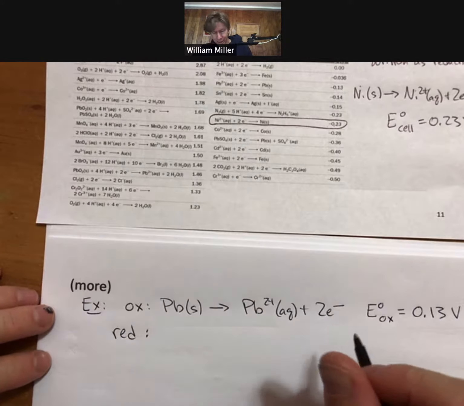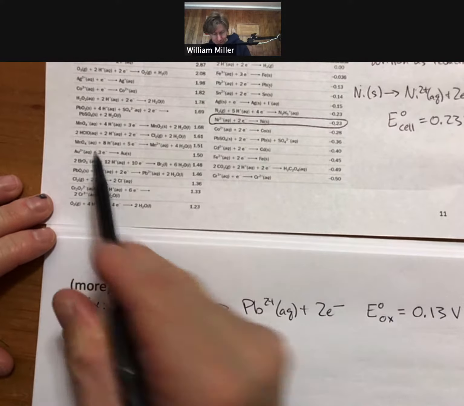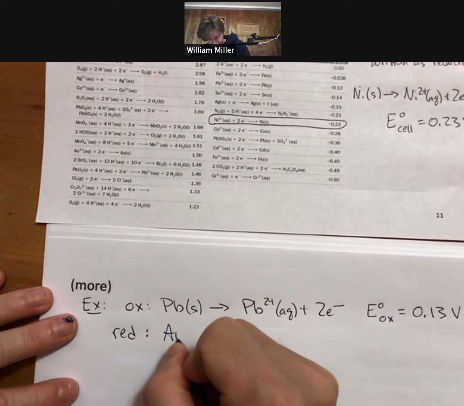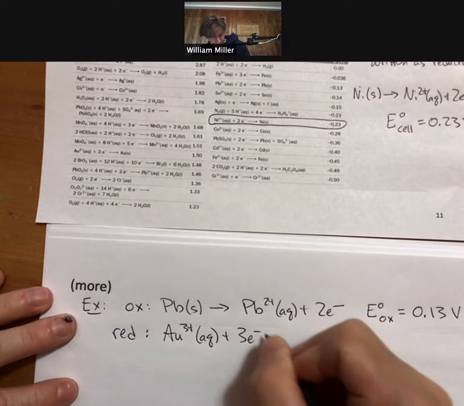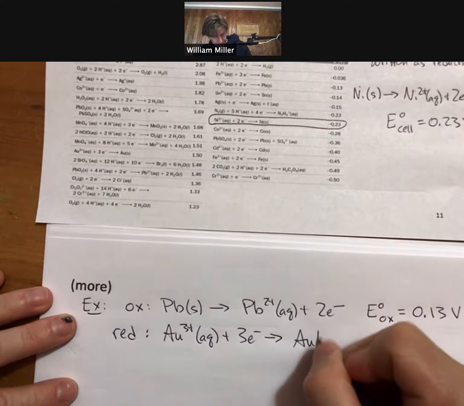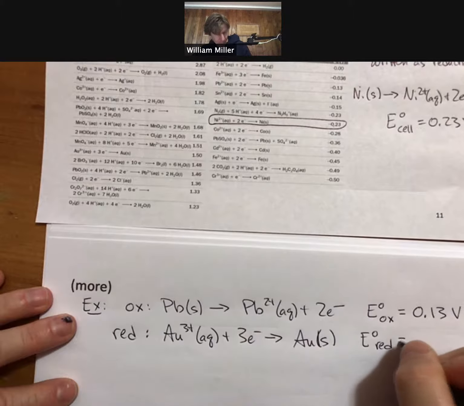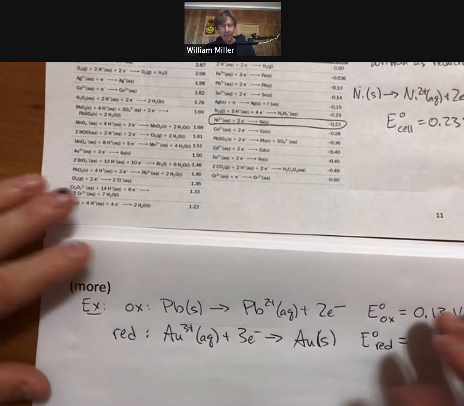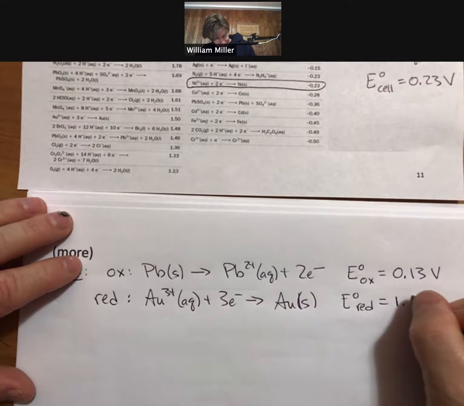Okay, and just picking some choices here. So let's go ahead and pick this one here for gold 3+ plus 3 electrons. That is written as a reduction, and when it's written as a reduction, you keep the sign exactly how it is.